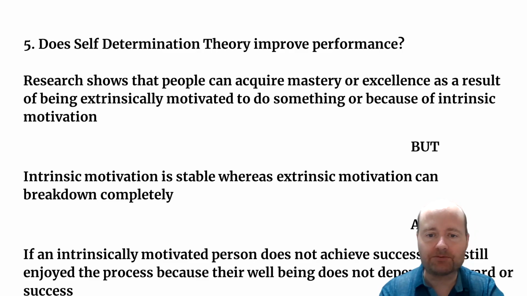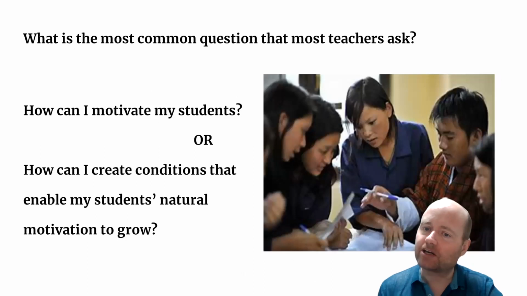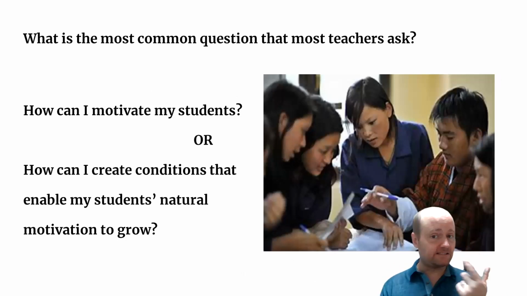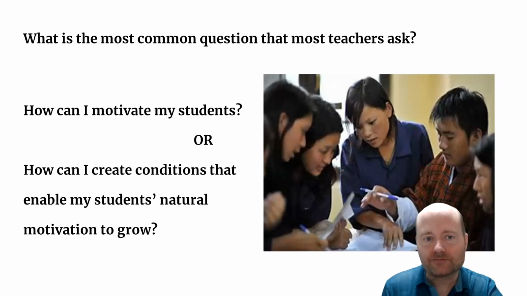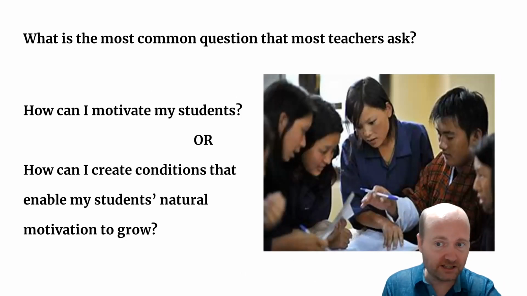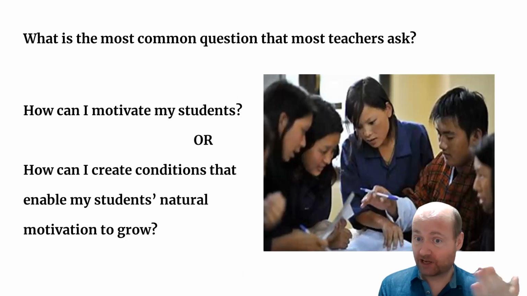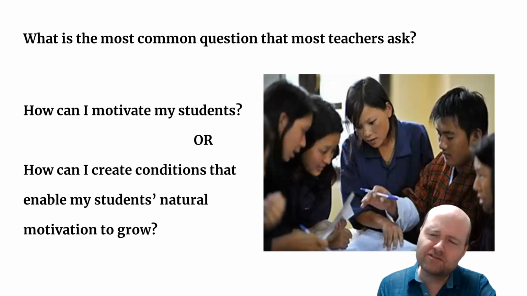Okay, so let's wrap up this talk about self-determination theory by going back to the question that I asked at the start. The question was, how can I motivate my students? Now, everything I've been saying leads us to the conclusion that this is actually the wrong question to ask. If you're thinking in this way, how can I motivate my students, then you haven't really understood the presentation.